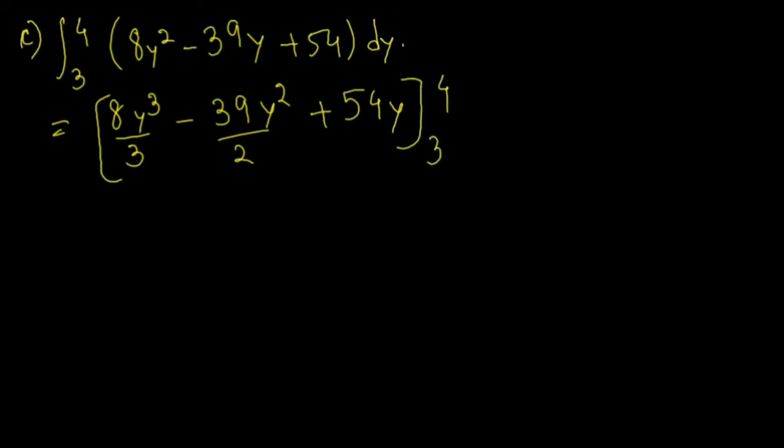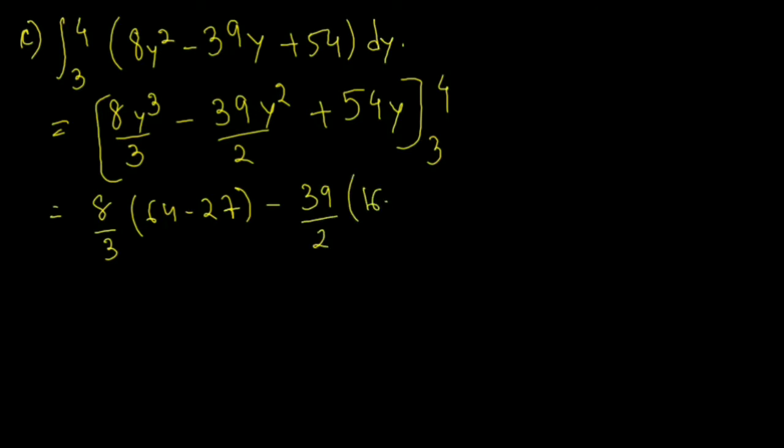So this is equal to 8 by 3 into (64 minus 27), minus 39 by 2 into (16 minus 9), plus 54 into (4 minus 3), that is upper limit minus lower limit.